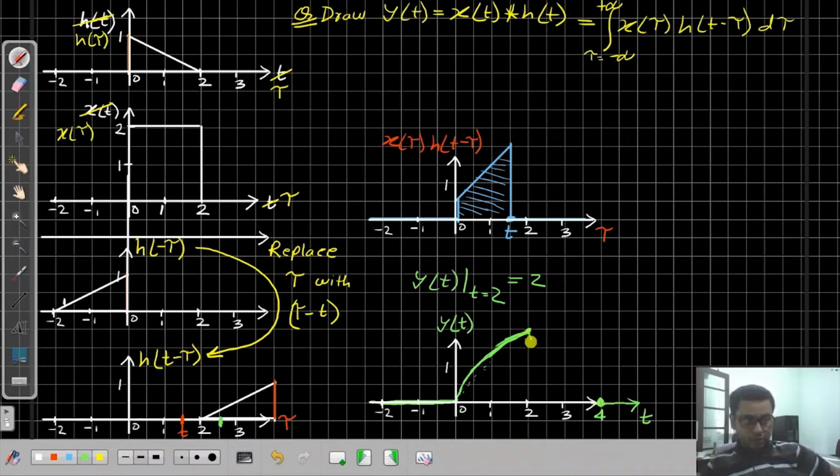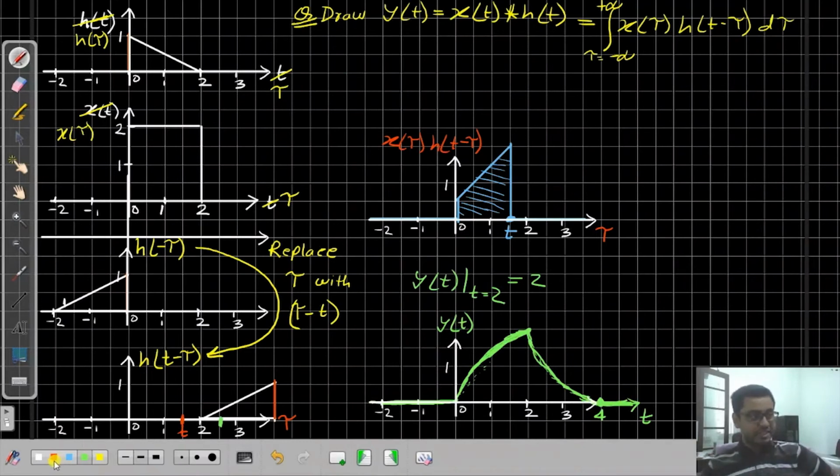Let me draw it approximately. It will come down and here it will become 0. So it goes up like this and then comes down and then becomes 0.